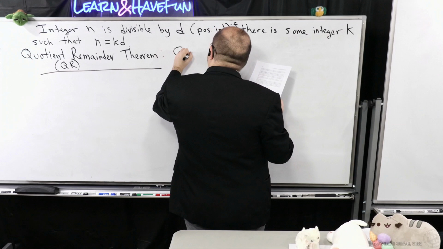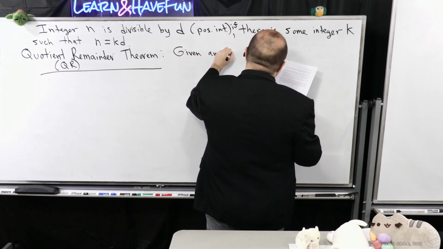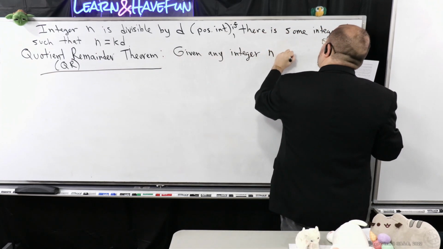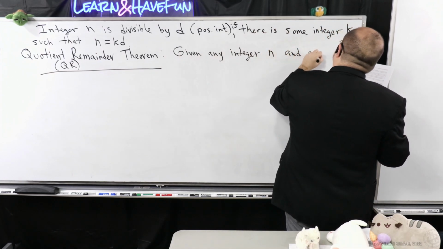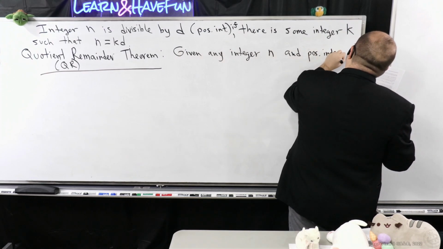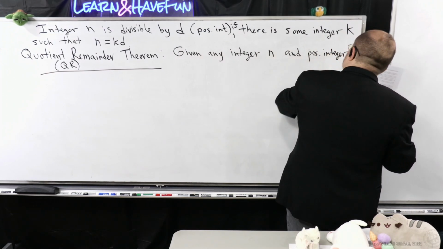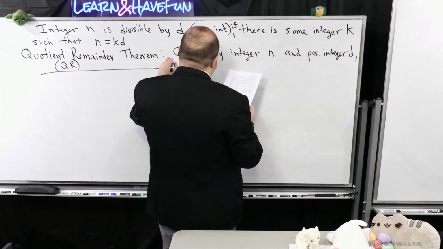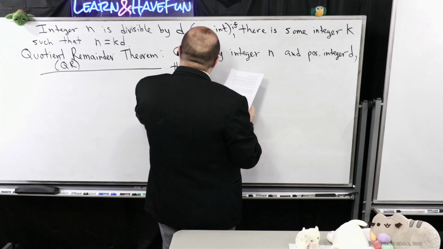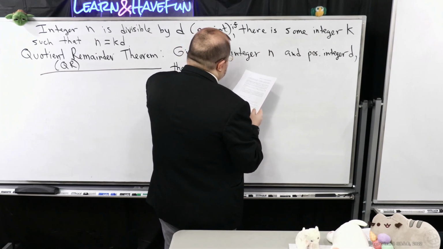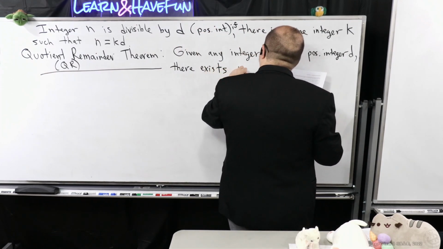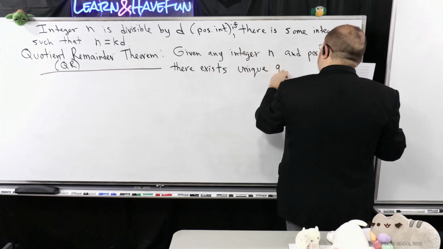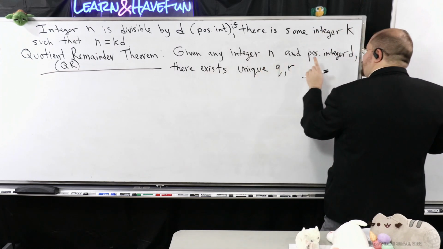Given any integer n and positive integer d, there exists unique q and r. So these are unique.